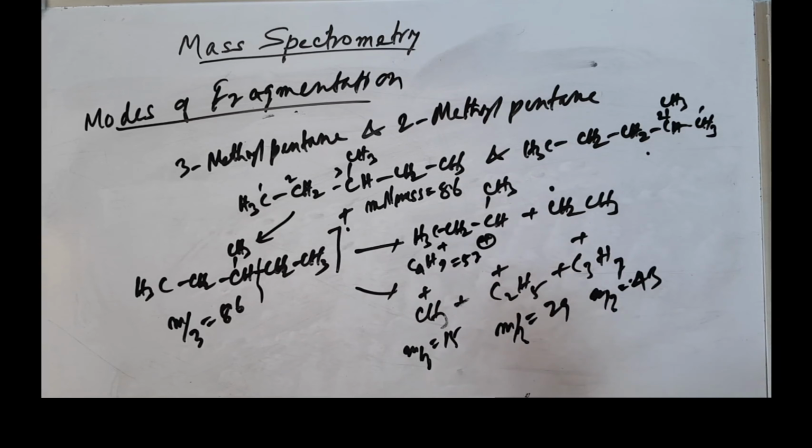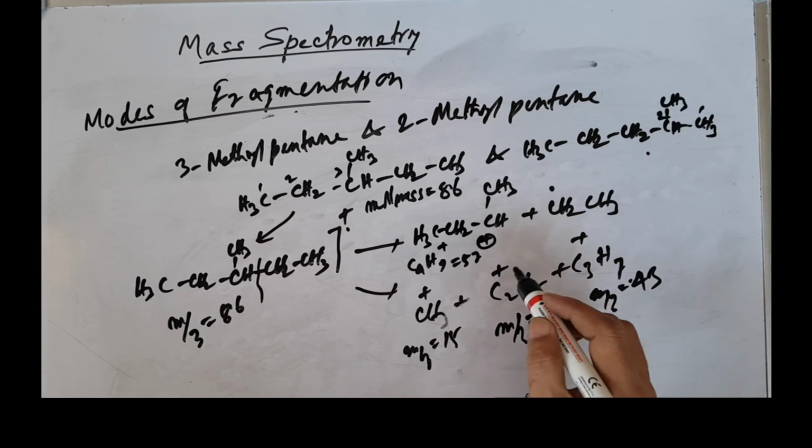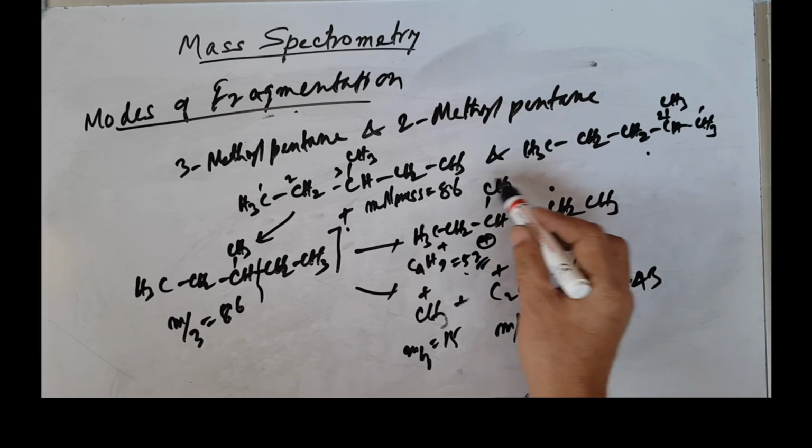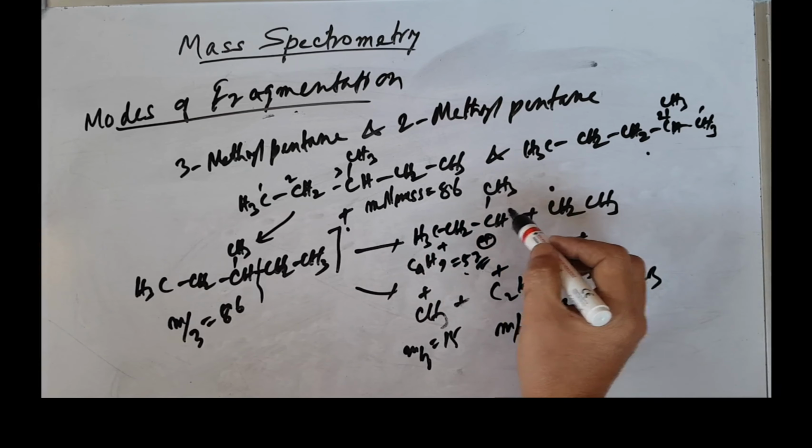So many fragmentations can be formed like this. This is about the fragmentation in the case of 3-methyl pentane. You get a big peak here, which becomes the base peak.